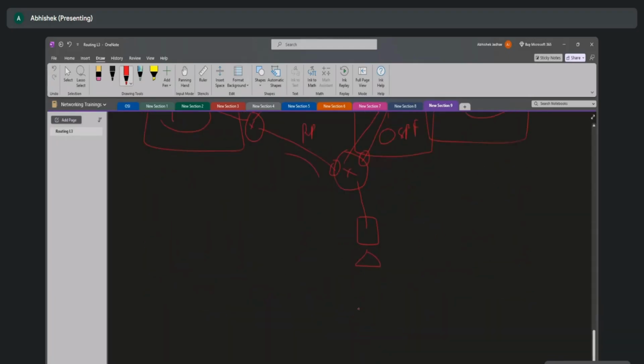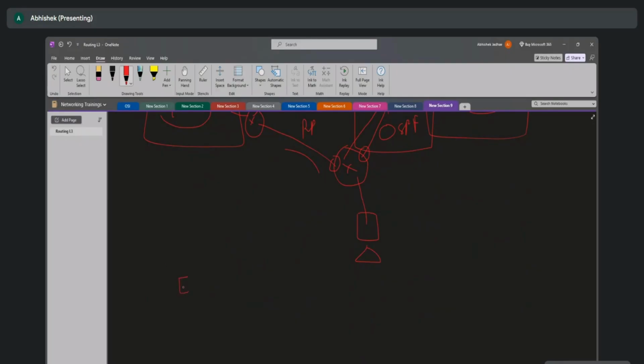Right, and the major ISP services which we see, like Act Corp, Act FiberNet, BSNL, they use EBGP and EIGRP. So external border gateway protocol, right?